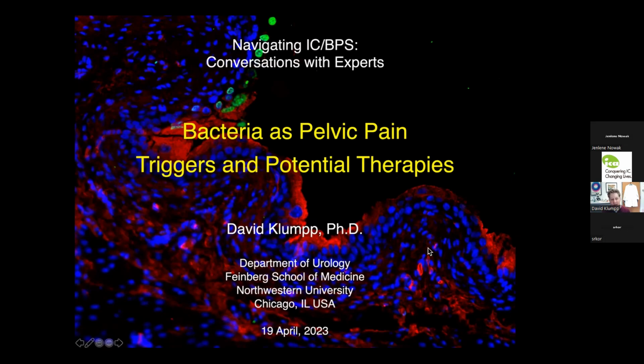To give you a sense of what we're looking at here, this blue dye is called DAPI, and it's staining the nuclei of the different cells in the bladder. The red stain is for uroplakins. These are proteins produced at high levels by cells lining the bladder lumen, the interior space of the bladder.